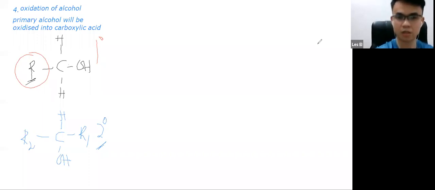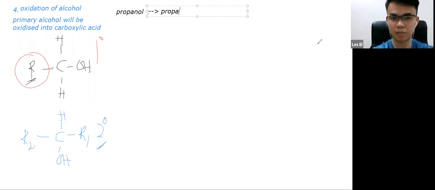Okay, now I go back to the oxidation of alcohol. So whenever you are being asked for that, the answer is carboxylic acid. For example, I have a propanol. Propanol, if you oxidize it, will become propanoic acid. For those who just learned, propanoic acid, the functional group is COOH.